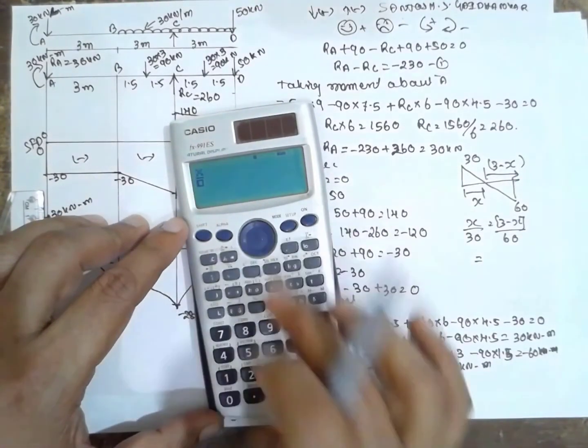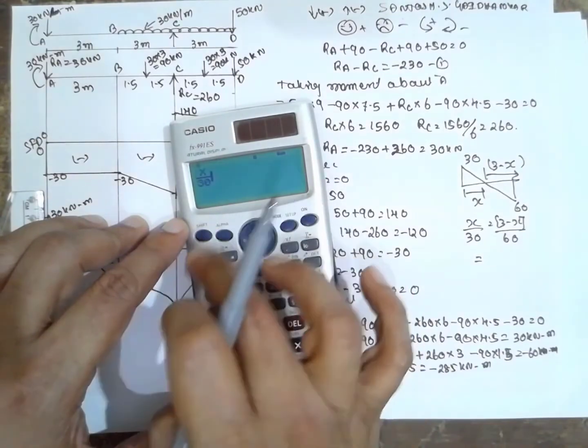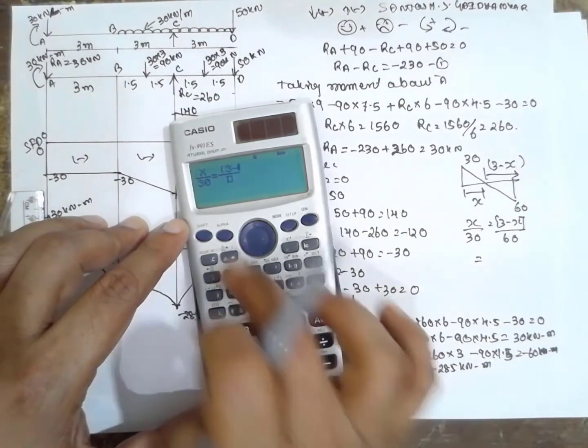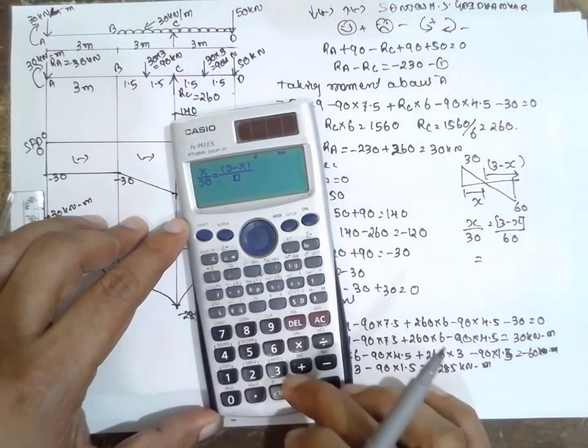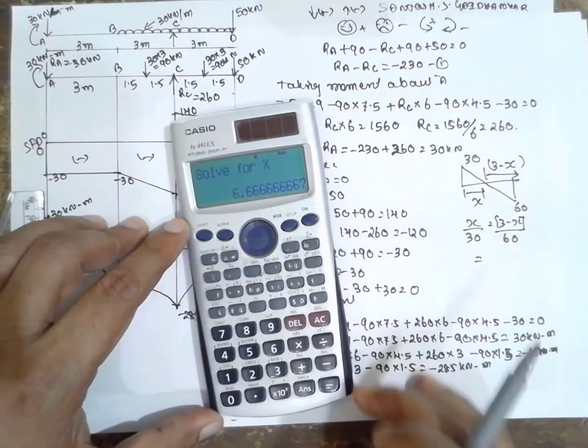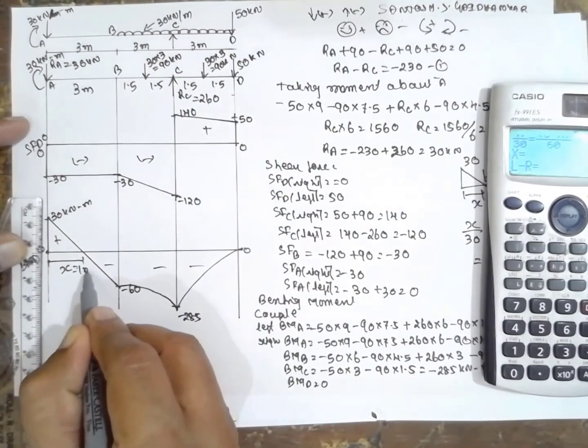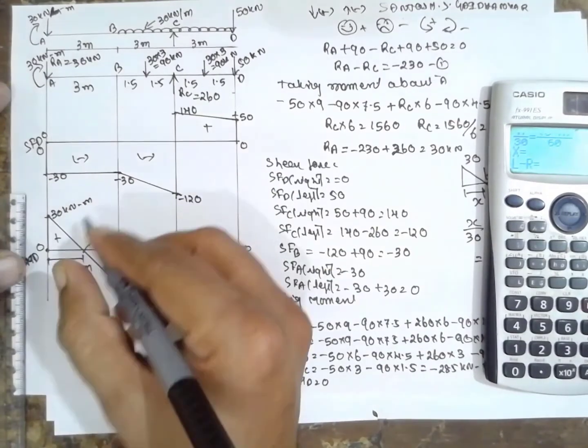Shift solve, answer is 1 meter. This is the point of contraflexure.